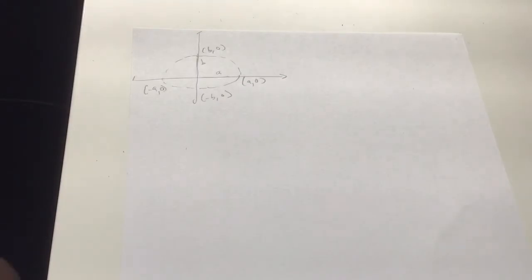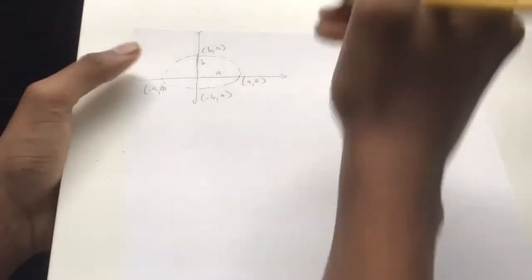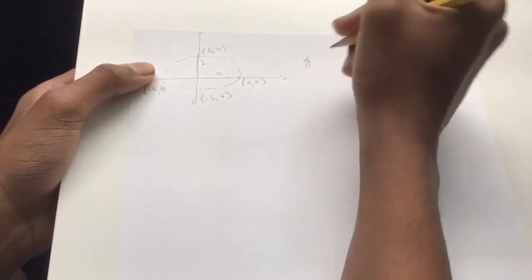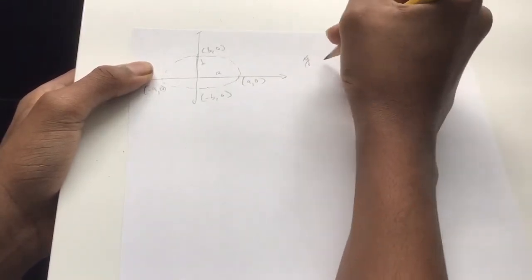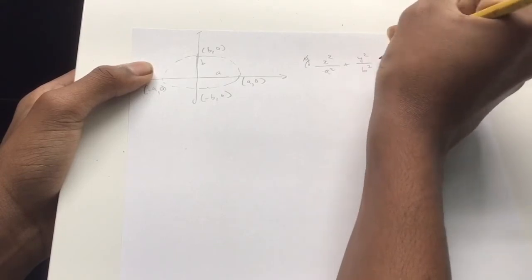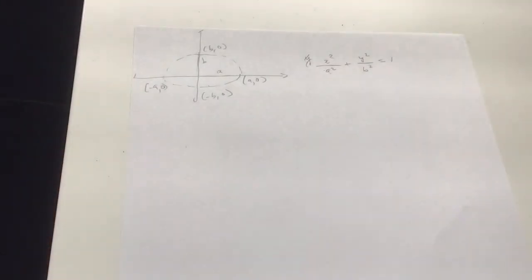Okay, so first we start off with the equation. We know that the equation for this ellipse will be x squared over a squared plus y squared over b squared is equal to 1. Where, of course, 0, 0 is the origin, a is the major axis, and b is the minor axis. So what I want to do now is get this in terms of y.